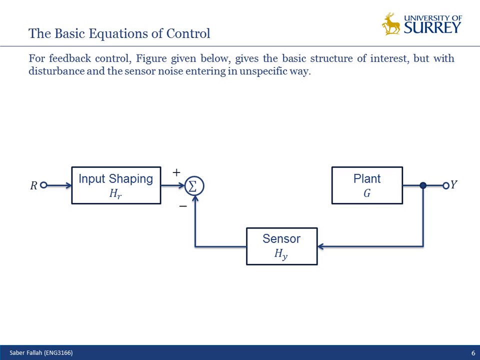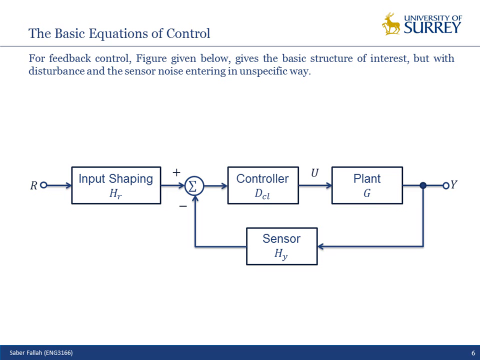Plus, minus gives you the error. The error goes to the controller, and based on the error of the system, the controller generates a proper control action in order to adjust the behavior of the plant.